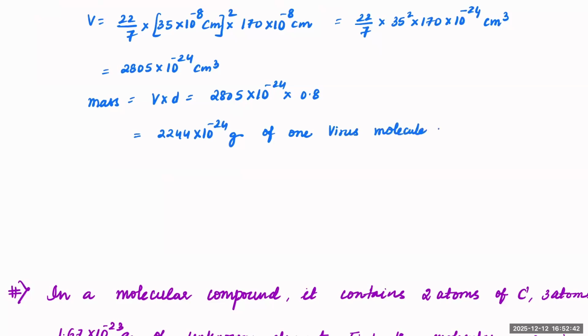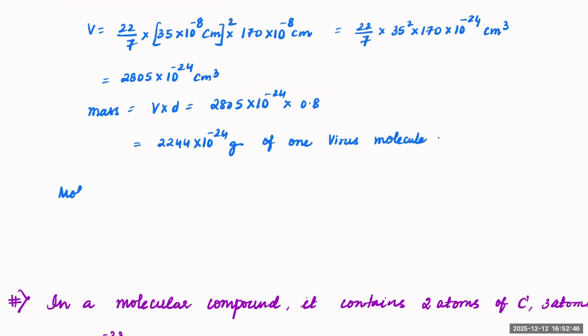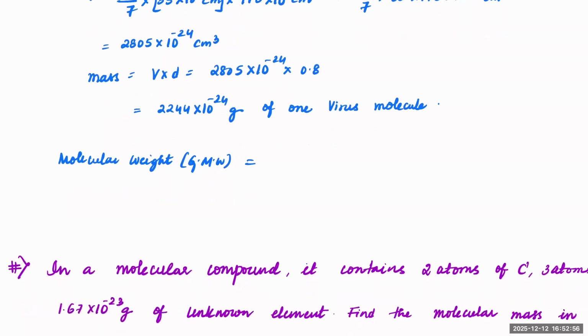Correct. If this is the mass of one viral molecule, what is the molecular weight? So molecular weight is always referring to gram molecular weight. Even if it's not given, you should always think in terms of gram molecular weight. So therefore, it is supposed to be 2244 into 10 raised to power of minus 24, right?